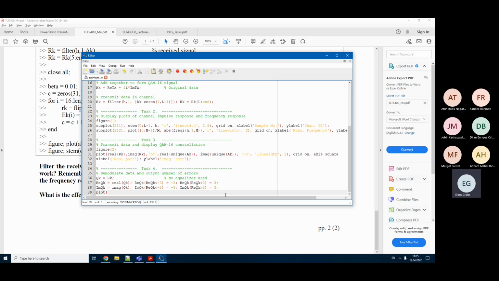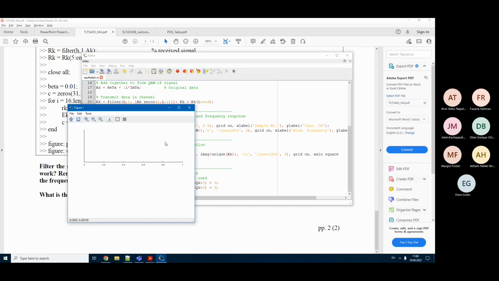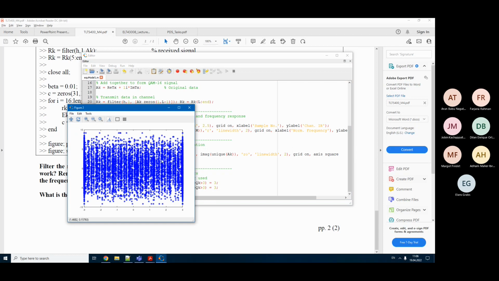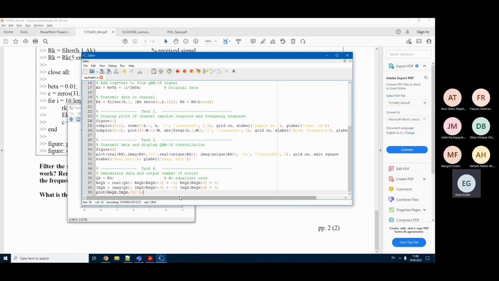Yes, so now let's update this plot and see how it will look like. Real QK, image QK. Blue stars. Axis square, of course. Axis. And here I do need to change to imaginary as well.